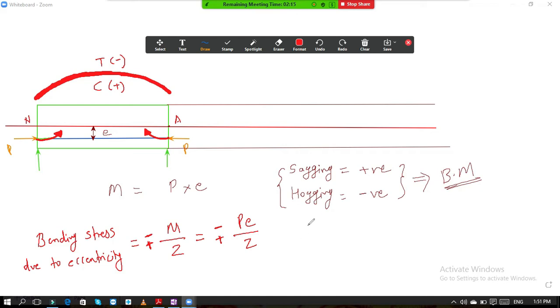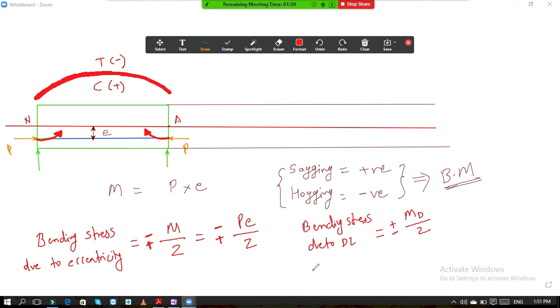Now I will write all the stresses. Bending stress due to dead load is Md by Z, plus minus.